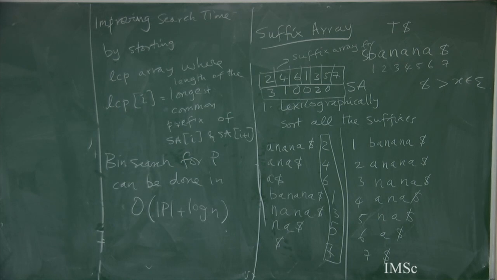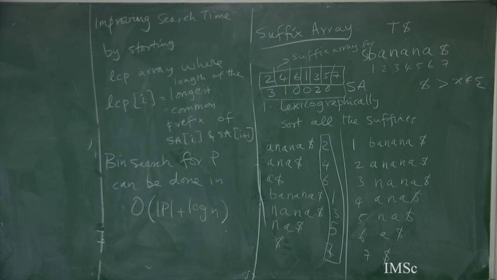What I am going to argue is that you do not have to compare your pattern starting from here, based on some information you already know, which I will spell out. You can just directly start from comparing some character in the middle with some character in the middle here. Okay. So, let us see how.